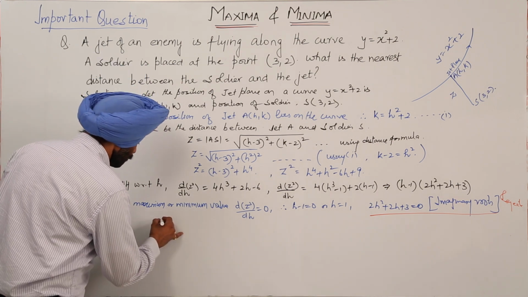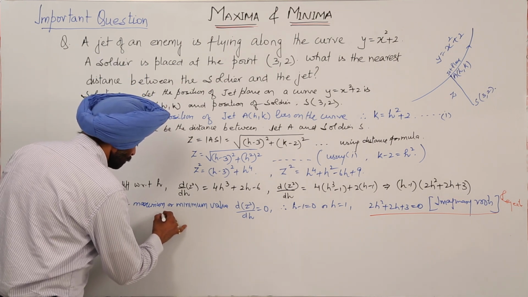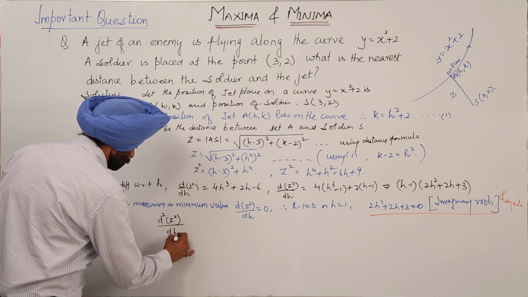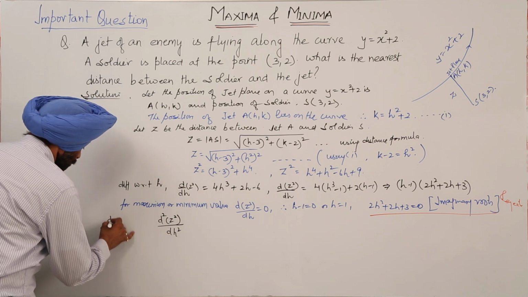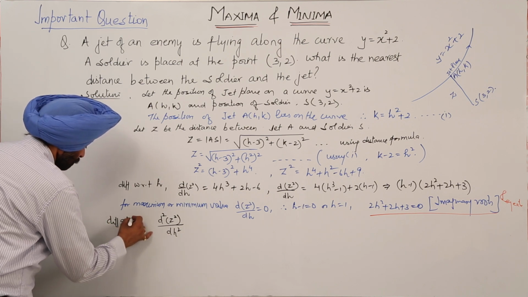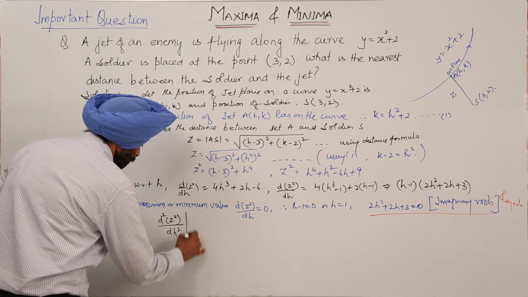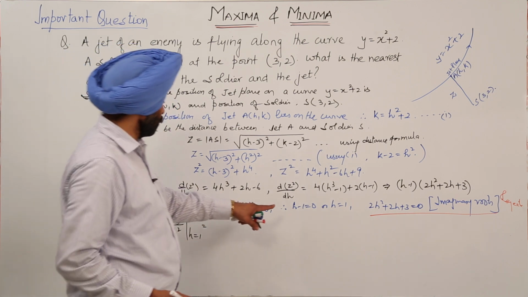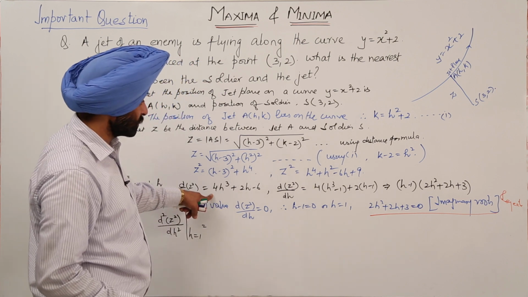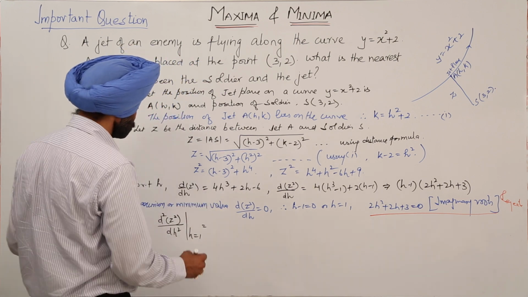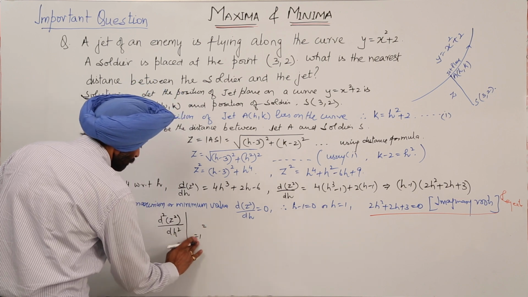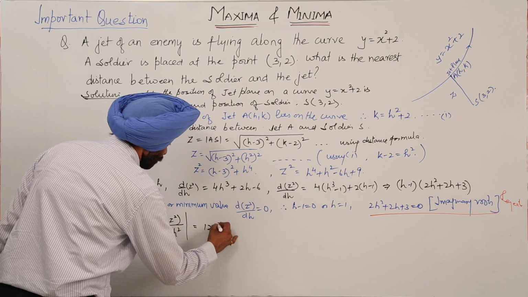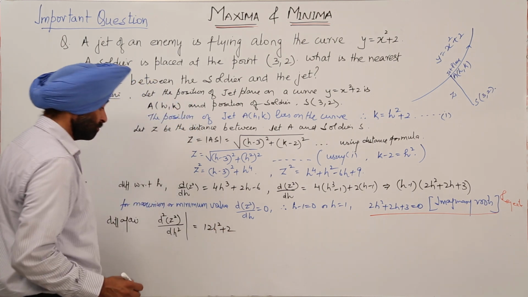Now the double derivative: differentiating again and putting h is equal to 1 directly. Now what will the result be? We are double differentiating this one, so we will have, let me not miss the step, 12h square plus 2.